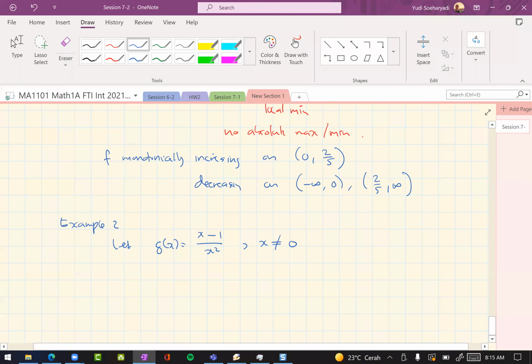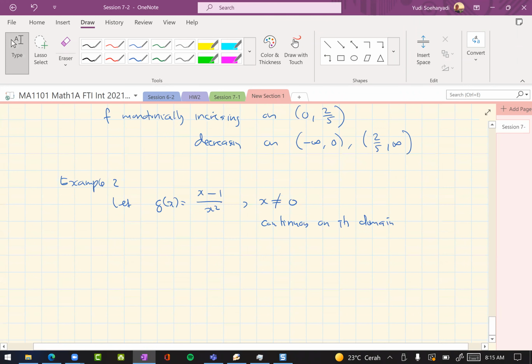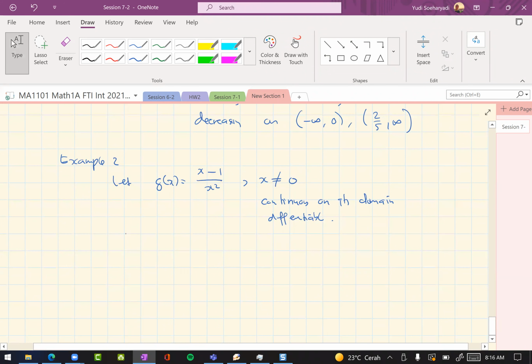And it is continuous on its domain. Okay. And it's also differentiable on its domain. Okay, so same question as example one.